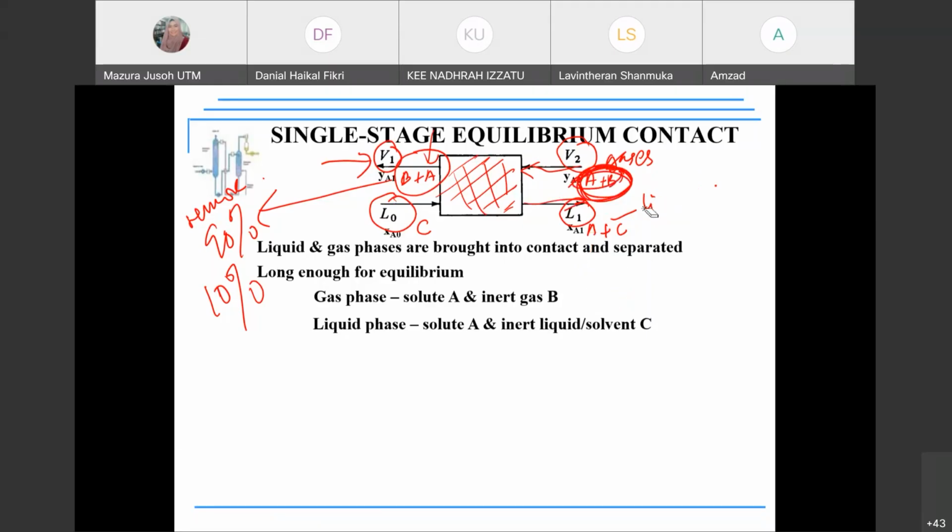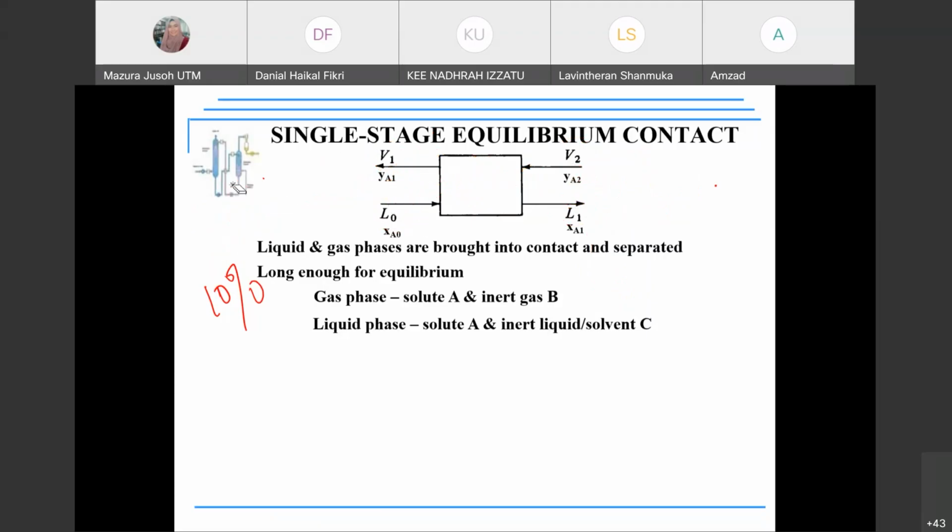You have to use your mass balance knowledge to be able to know all the mole fractions of the components in this process. So that's why in your curriculum, you learn mass balance first, and then you learn transport processes, and then only you will take separation processes.